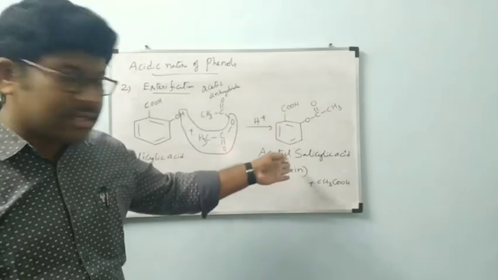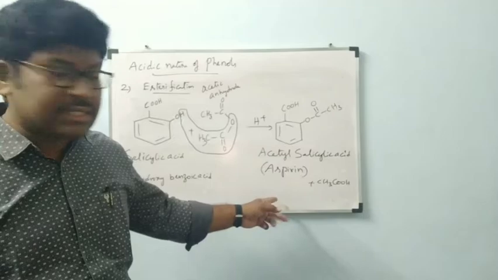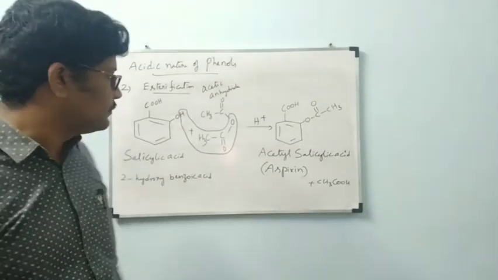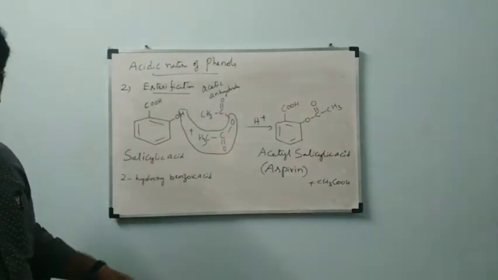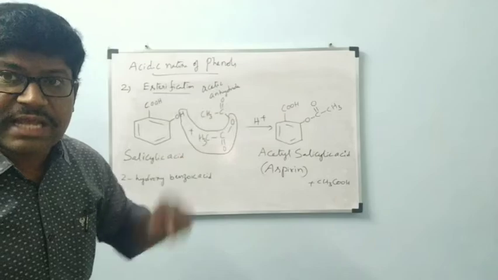This is nothing but acetyl salicylic acid. The name of the compound is acetyl salicylic acid, and the drug name is aspirin. This process is totally called acetylation of salicylic acid.